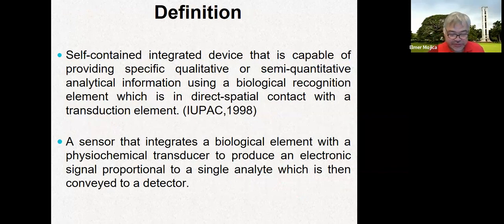If we're going to look at the definition of these sensors, the classical definition is a self-contained integrated device that is capable of providing specific qualitative or semi-quantitative analytical information using a biological recognition element which is in direct spatial contact with the transduction element. That's the definition of a biosensor during the time that I graduated in college, 1998, as mentioned by IUPAC.